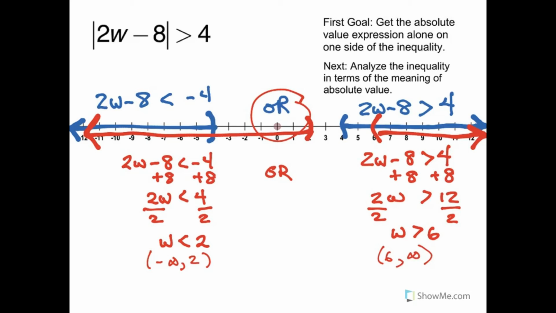Now, we're not looking at the overlap between the blue and the red here. Red is solutions for w. The blue is the translation from the absolute value inequality to a compound inequality.